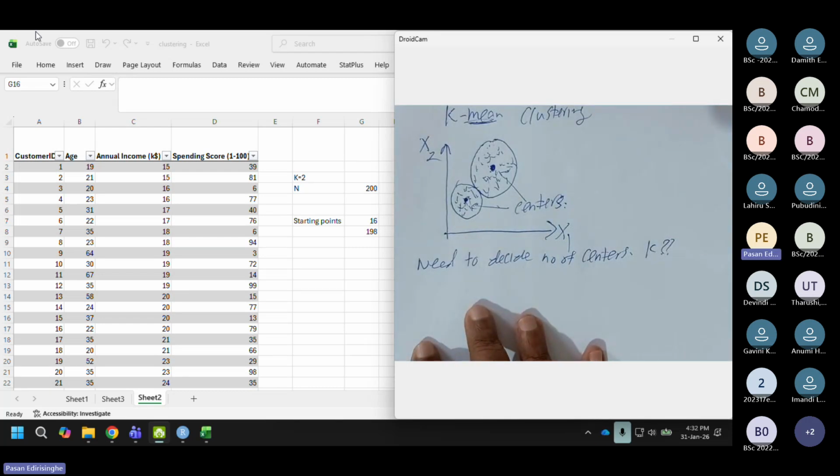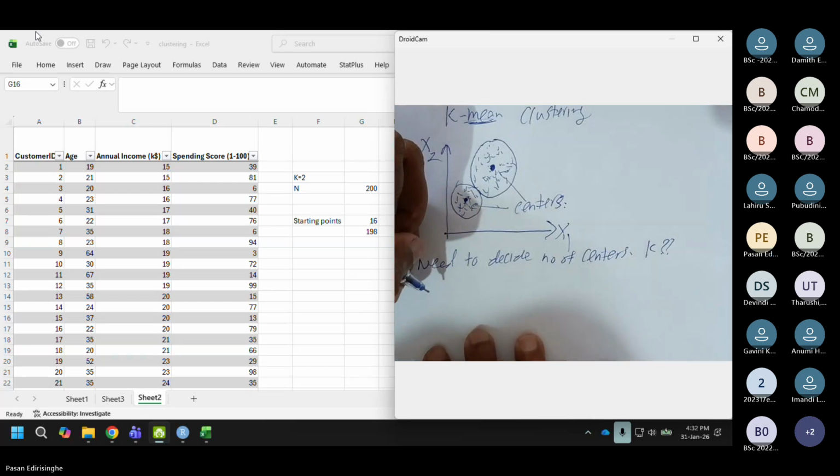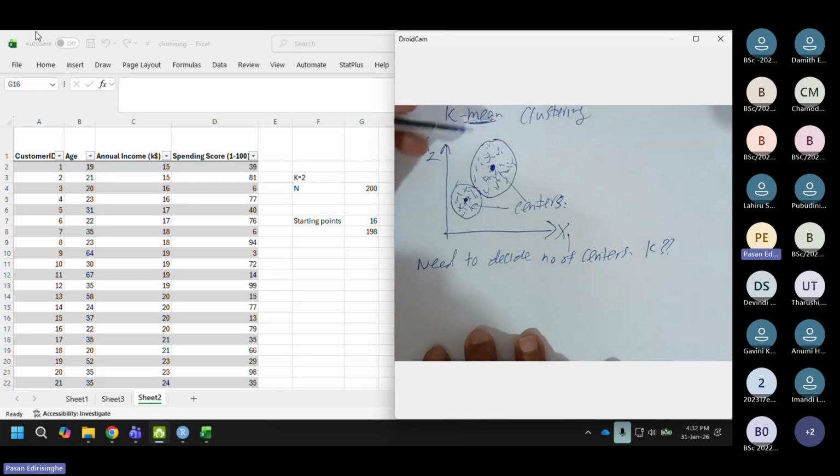After you decide that k, say you decide to go for a certain k, then you have to have some idea where you should place those centers. So we need to put one at this point here and one at this point here. Those may not be in our actual observations, right? They're just some points in our two dimensions, or in higher dimensions.